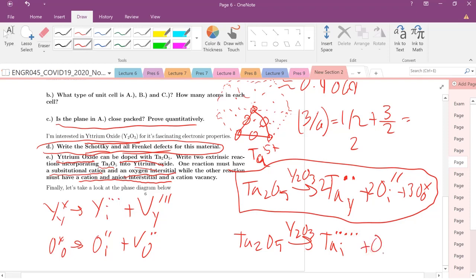So we need oxygen interstitial, that's minus 2. And a cation vacancy. So a vacancy in the cation is going to be a vacancy in our host, because we can only create vacancies in the host. Vacancy in Y, so we're going from, again, 3 plus to 0, so that's going to be minus 3. So plus 5, minus 5, I'm good to go there.